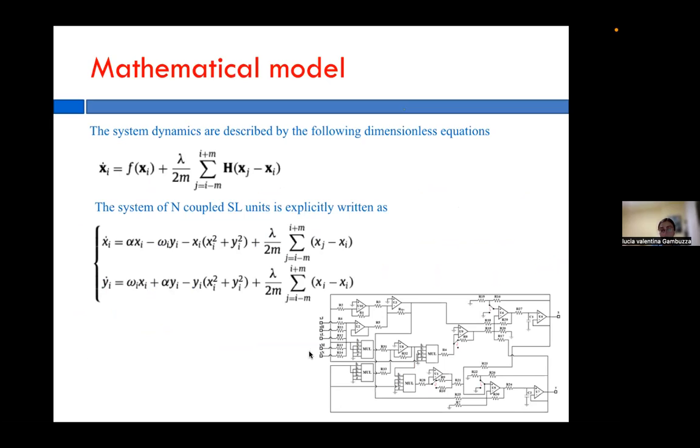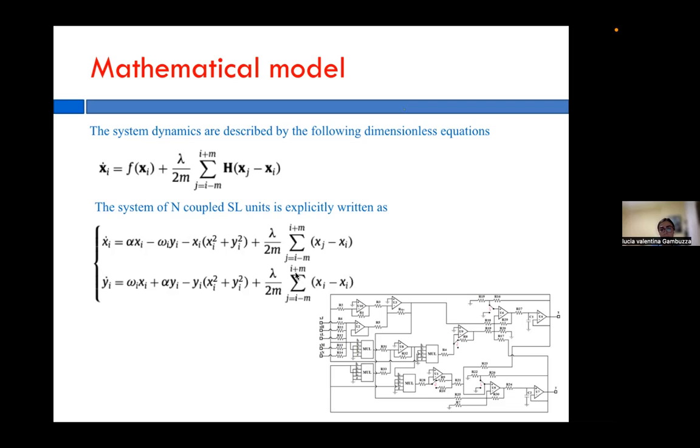Okay, so here I have reported the schematic representation of each unit, which is the core of our experiment, and the equation we have implemented in each board, the Stuart-Landau equation, and again we have the second part, which is the coupling function.